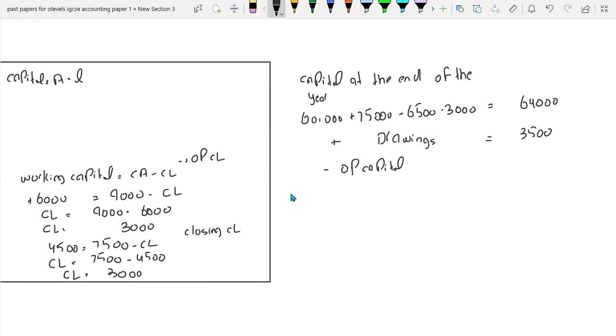So for the opening capital, opening non-current assets were 45,000 plus current assets of 9,000, minus non-current liability of 4,000, minus current liability of 3,000. So altogether, we have the answer for the opening capital as 53,000. So we have to deduct it. So at the end, our profit for the year is 14,500.